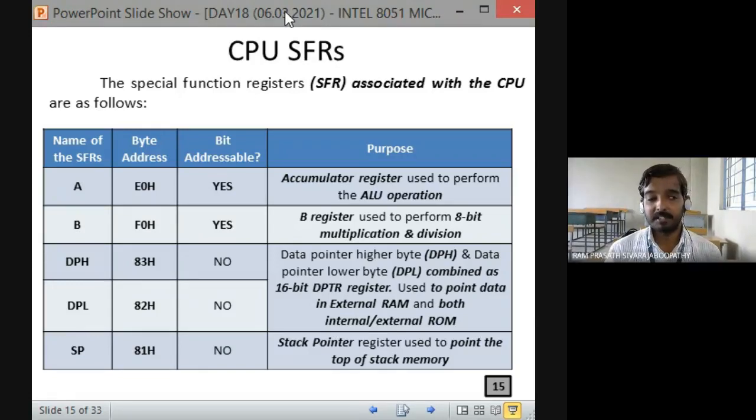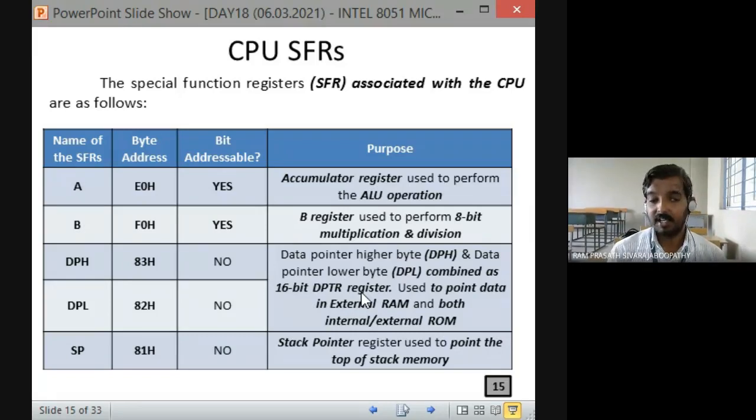DPH is an 8-bit register. DPL is an 8-bit register. Combining these two, how many bits we can have? 16-bit. So these two registers combinedly can be used as a data pointer register. Data pointer higher byte, data pointer lower byte, combined as 16-bit DPTR register.